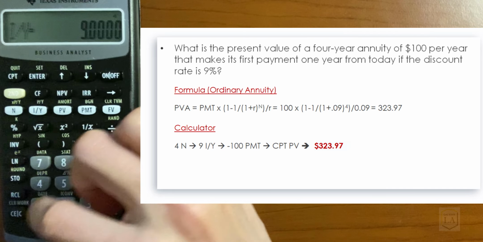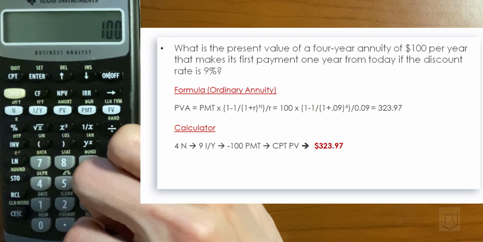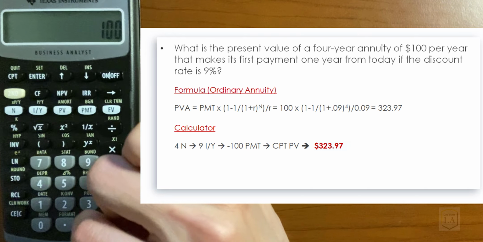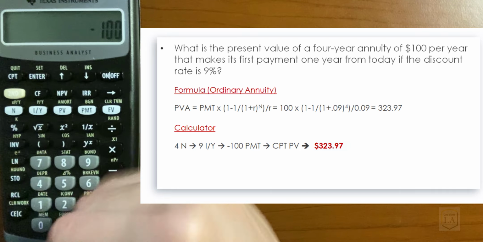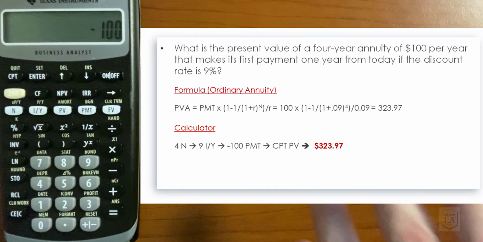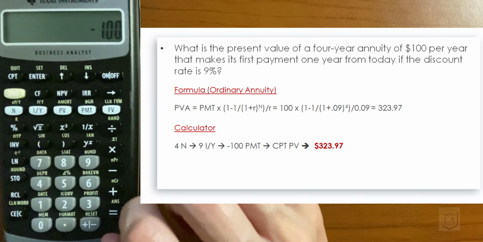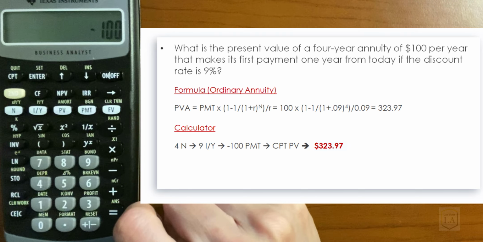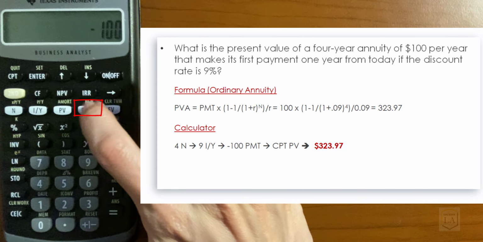And then the payment would be $100 being paid, so it's negative. It's repeatedly occurring in equal amounts, which constitutes the definition of an ordinary annuity, so this will be the payment amount.